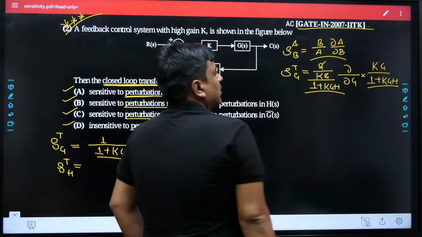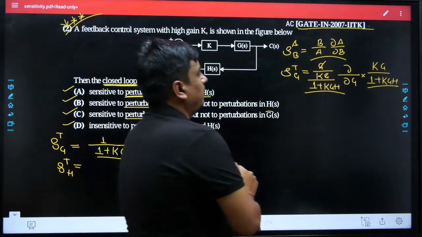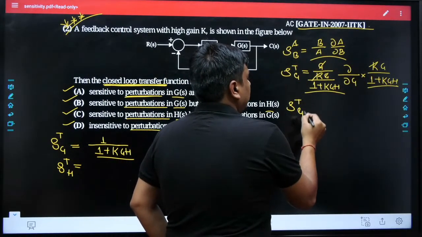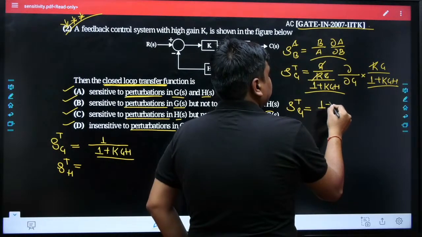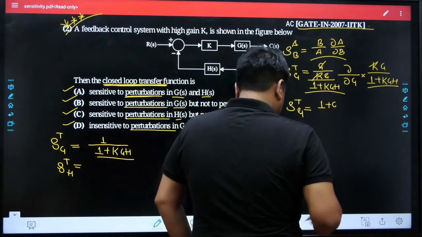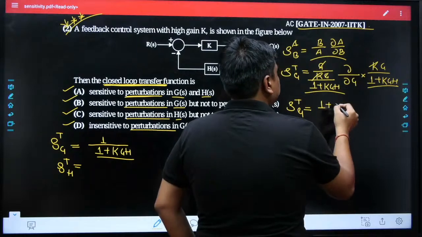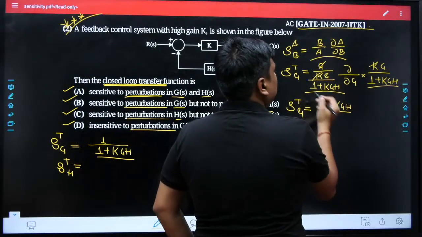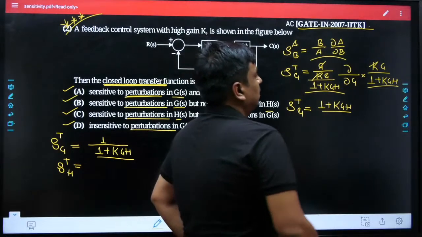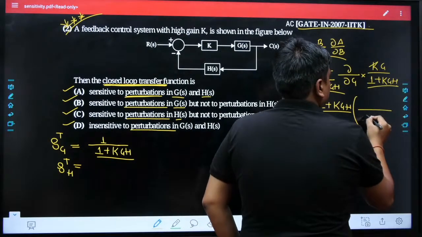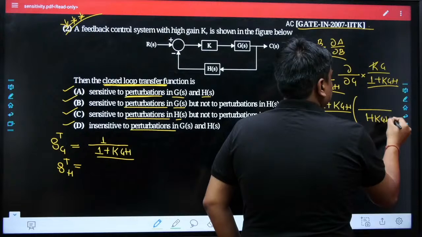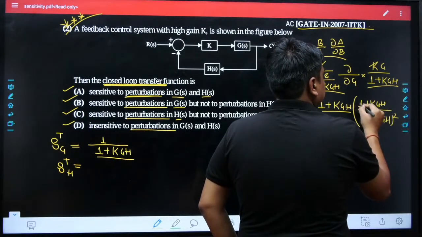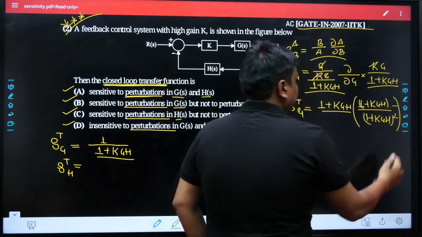The G and G go off, the K and K go off, and here goes S_T^G, with 1 plus KGH whole square in the denominator. Here goes 1 plus KGH, and you have to calculate this complete term out.